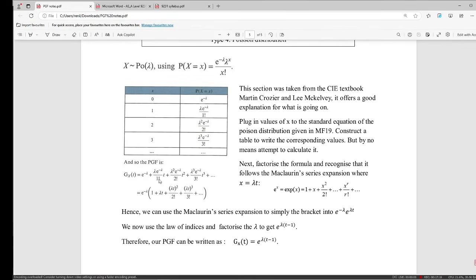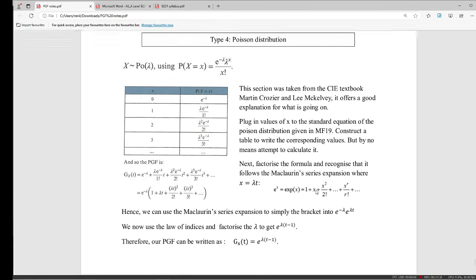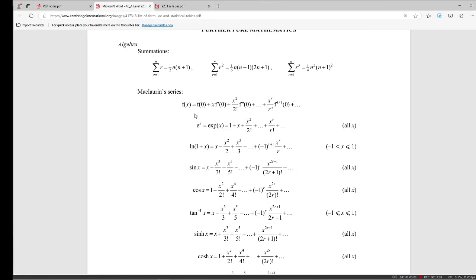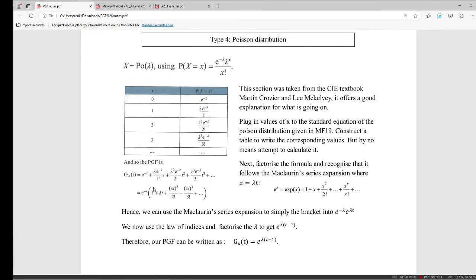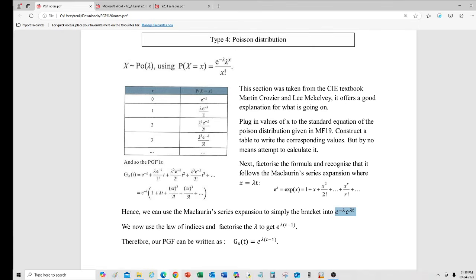That corresponds with this over here. So over here we have lambda t, lambda t squared. You can see the correlation between the two, which means that our x value is lambda t. Now using this we can factorize e to the power x. What was x? Lambda t. So we can sum this up into e to the power of lambda t. So we get this right here.